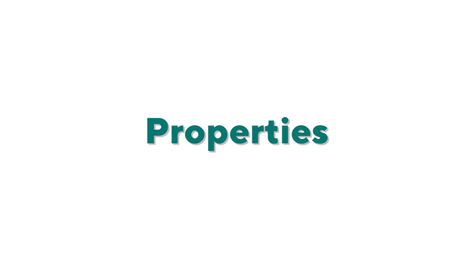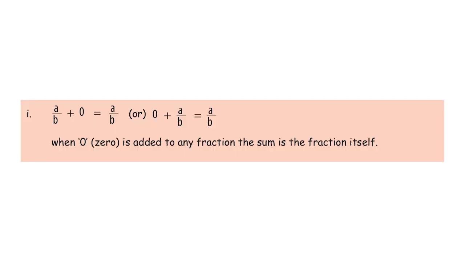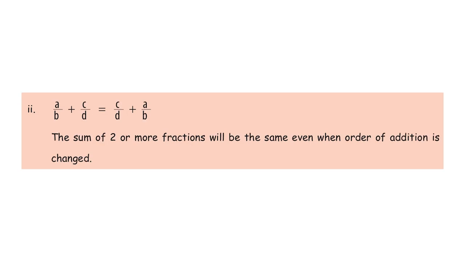So here are the four properties of addition and subtraction. When 0 is added to any fraction, the sum is the fraction itself. That is a by b plus 0 is a by b. When two or more fractions are added, even if the order is changed, the sum is the same. In other words, a by b plus c by d is equal to c by d plus a by b.